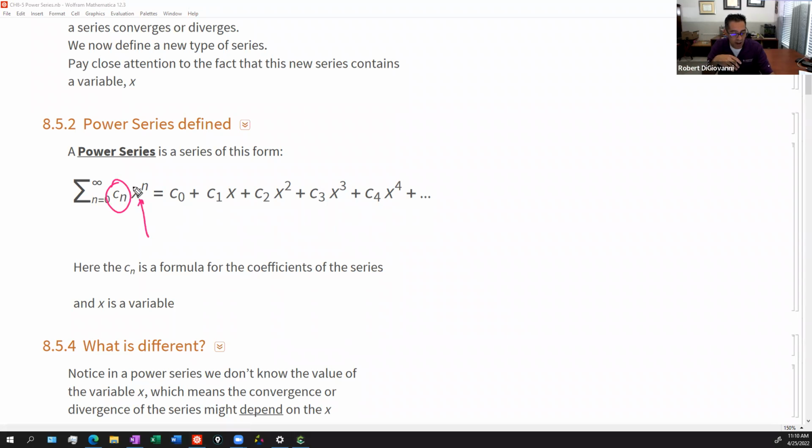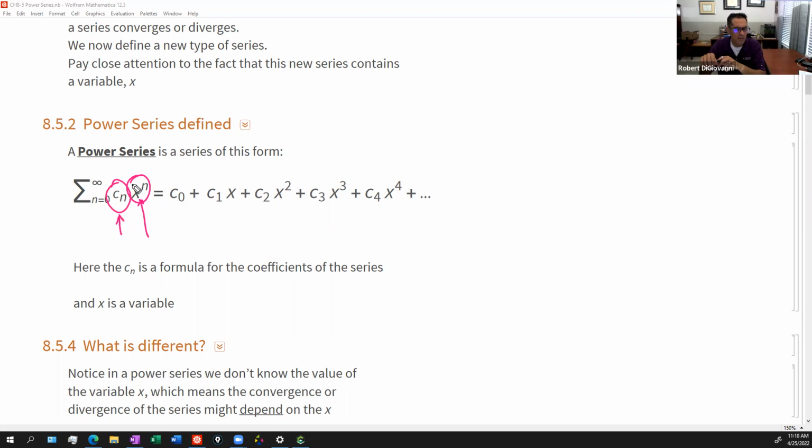All power series have to have x to the n in it. It's the numbers in front of the x to the n's that differentiate one power series from another. So this formula is vital for us to be able to distinguish one from another.